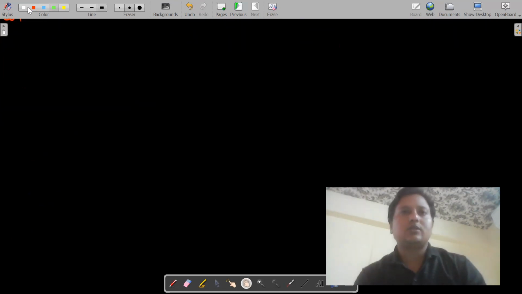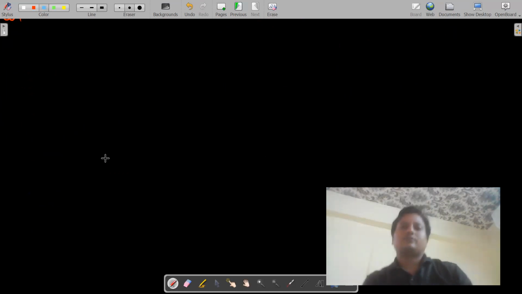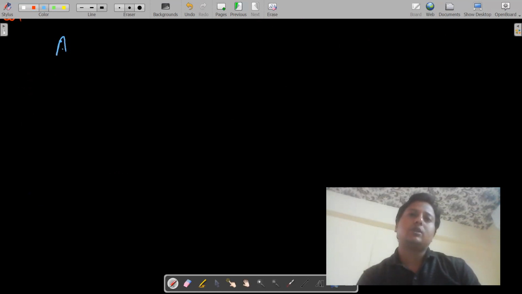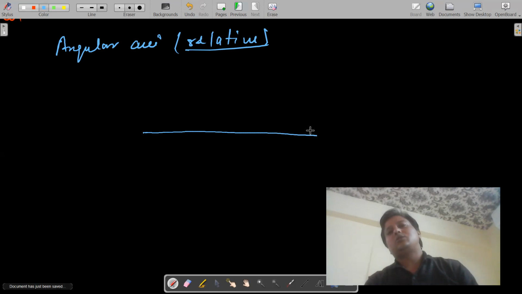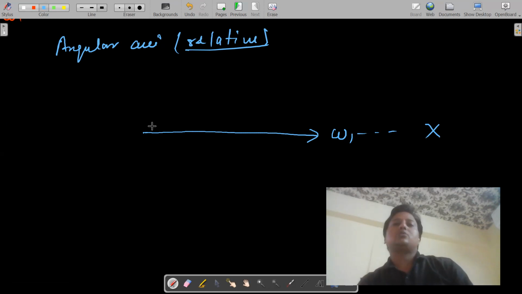In another part, we have to find the angular acceleration, that is also a relative one. We have to find the relative angular acceleration. So here is the omega 1 direction along the x-axis, and minus omega 2 will be in this sense, along the negative y-axis.